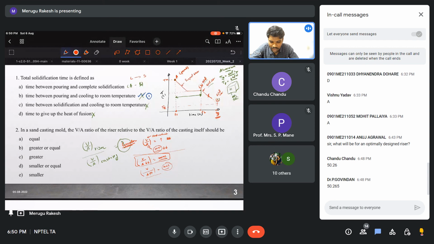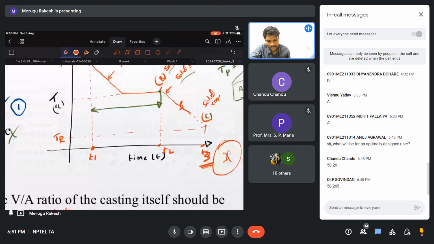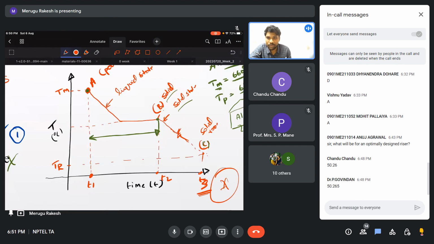The first question is asking about the total solidification time. If you learn this concept of the temperature versus time curve, at point A we are pouring, above point A is the pouring temperature Tp.